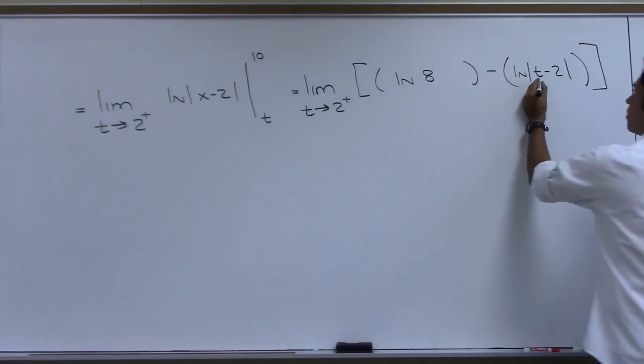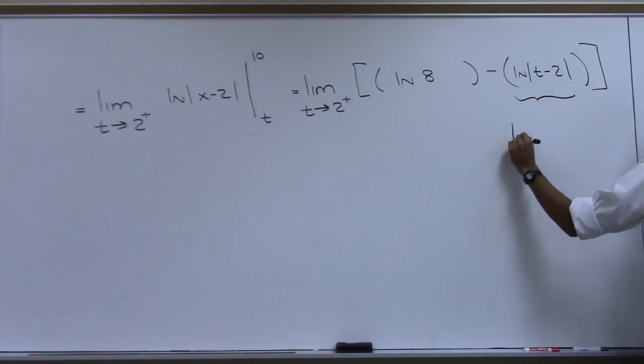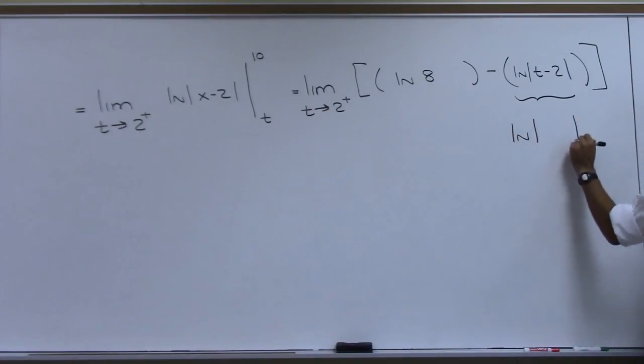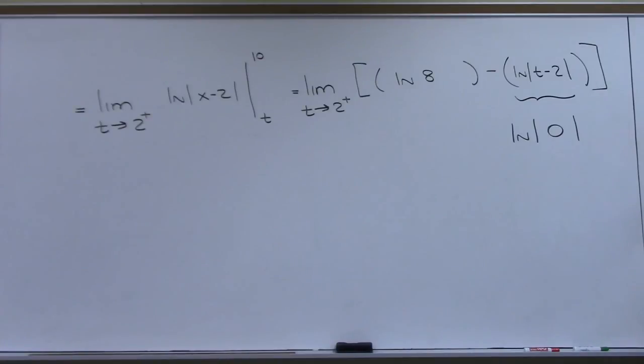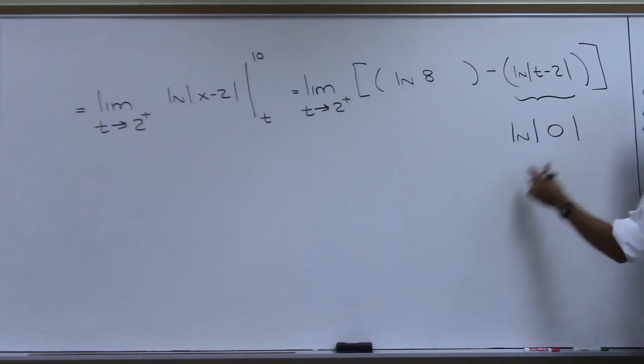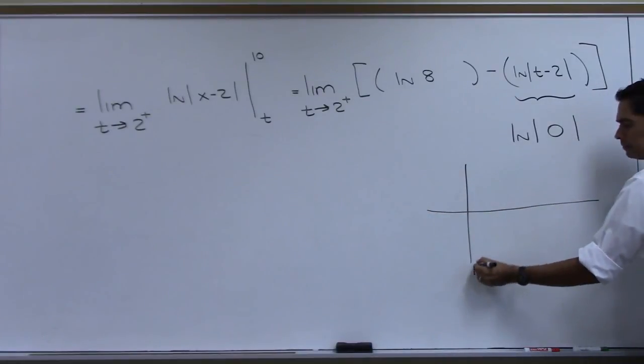If I replace this with 2 here, this is getting really close to the natural log of what? 0. And the natural log of 0 is undefined, isn't it? But we know what happens to natural log when we approach 0, don't we? So you have to go back and you have to understand what the graph of natural log looks like.